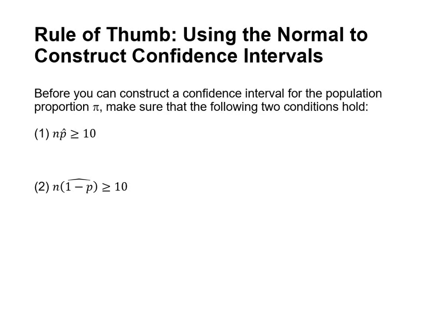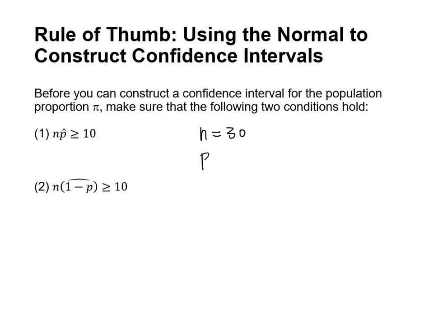Before you construct a confidence interval for the population proportion pi, make sure the following two conditions hold. The first condition is that n times the estimated proportion needs to be at least 10. Let's assume I have n equals 30 students, and I ask how many of them go to the gym.